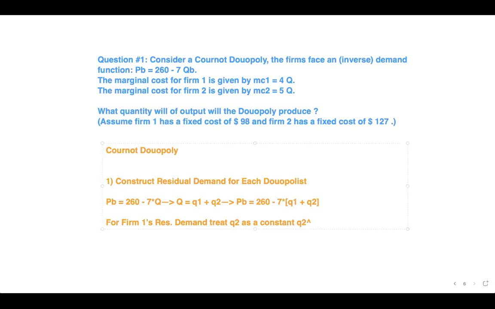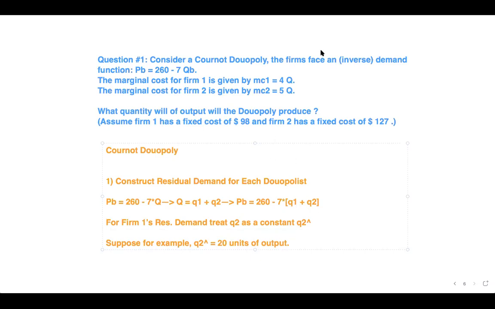So if you think about it in terms of the equations, suppose we don't know this, and Q2 hat is equal to 20 units of output. Suppose you're firm one and you want to maximize your profits.